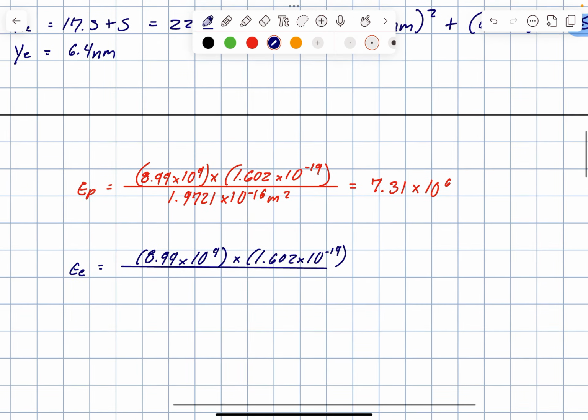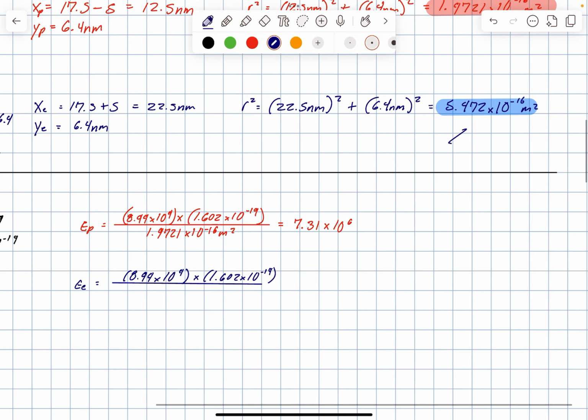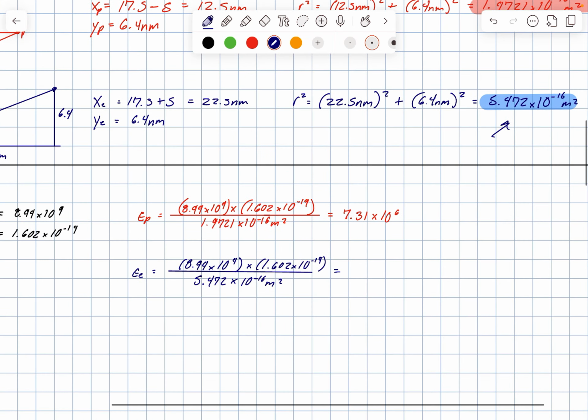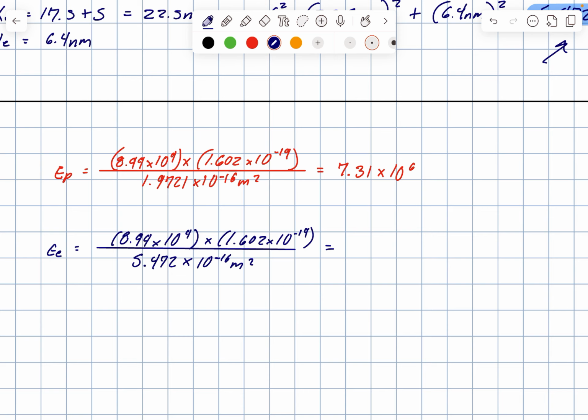For our r squared, we're using the one that we found over here: 5.472 times 10 to the negative 16th. I'll give you a second to work that out on your calculator. If you're following along, you should have gotten around 2.63 times 10 to the 6th.